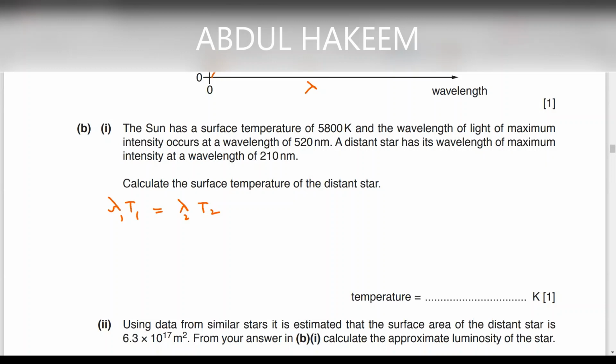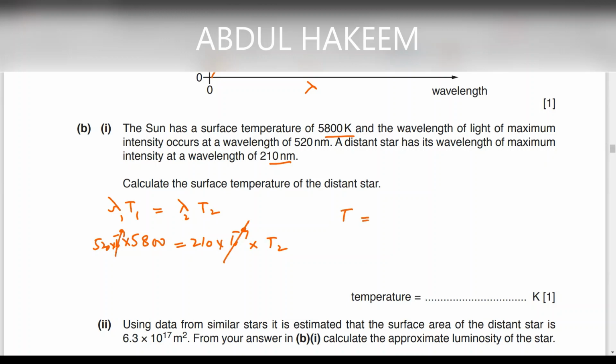So initially, the temperature is 5800 and its maximum wavelength is 520 times 10 power minus 9. And then the wavelength is 210 into 10 power minus 9, nano, and the temperature is required. 10 power minus 9 cancels.